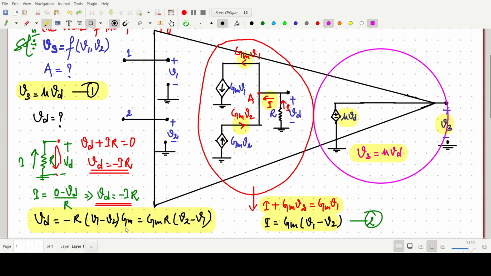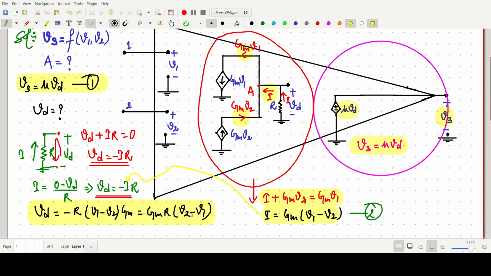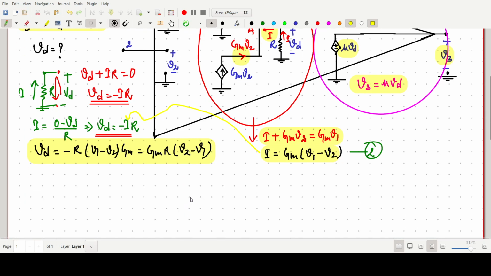After putting the I value from this, what we did, this I value is put here, so we can write VD equals GMR (V2 minus V1). So now VD is known to us, so we have to write the V3 expression. V3 is simply mu VD, so mu GMR, where VD is simply V2 minus V1.